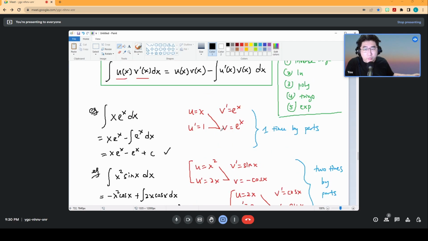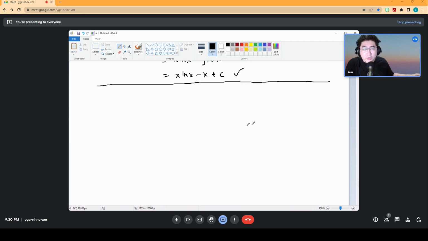Integration by parts. To help you understand better, it's better to let you do the exercises. So we shall look at the questions that help you understand integration by parts better. Let's look at the questions.